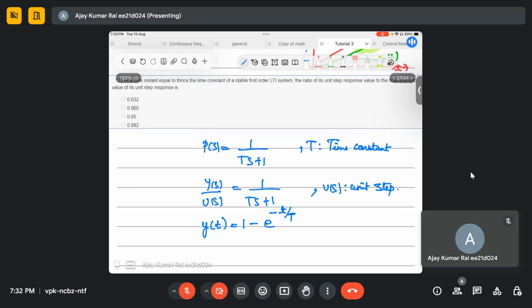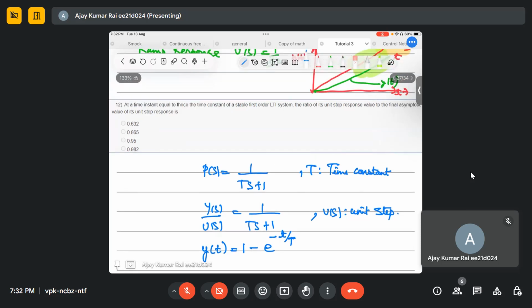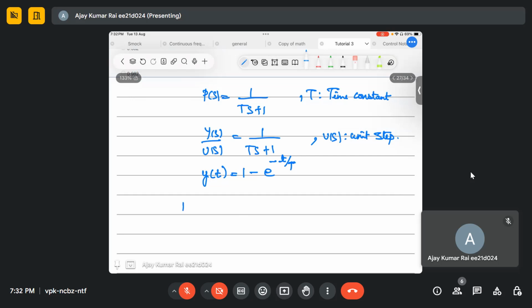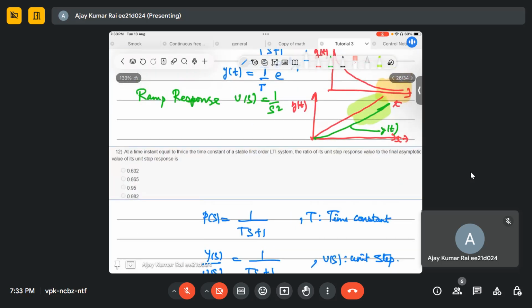So let's find out the ratio of response value to the final asymptotic value. So ratio is equal to y at 3T to the unit step response final asymptotic value.